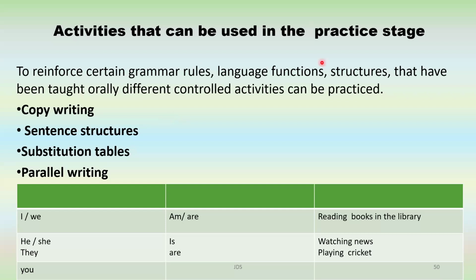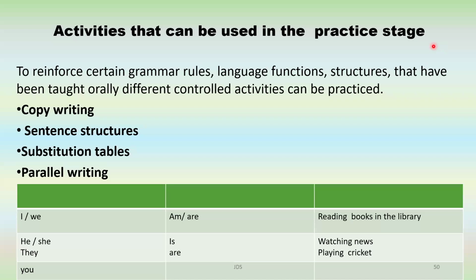Right? So practice stage 2 and production stage 2. Altogether, there will be 4 tasks provided in a standard lesson. Writing or reading or listening, any kind of lesson. A standard lesson will have 4 tasks.